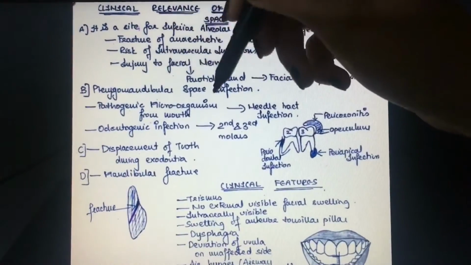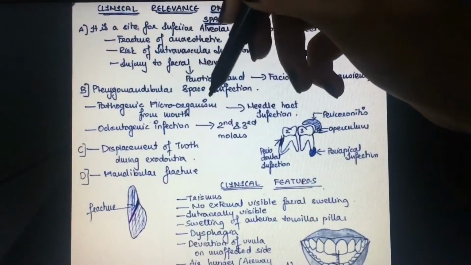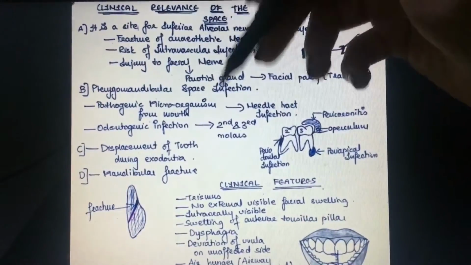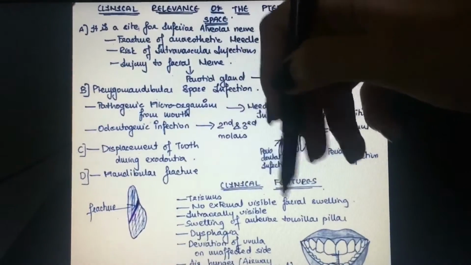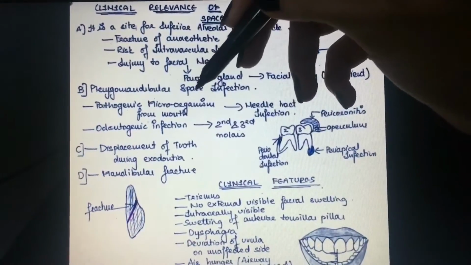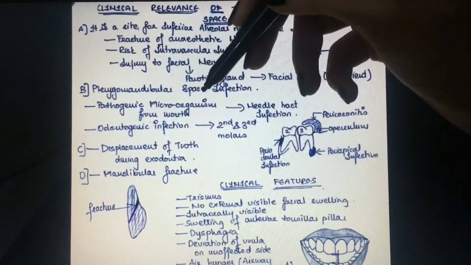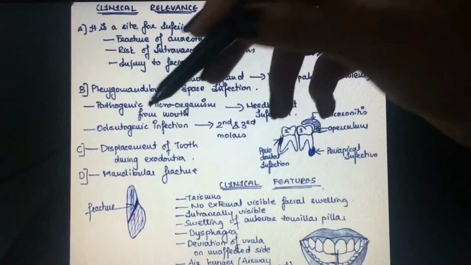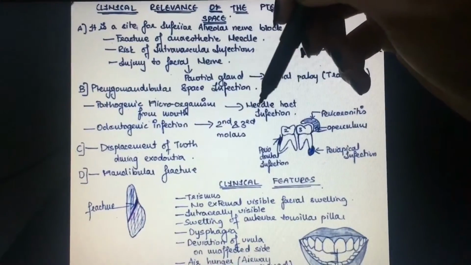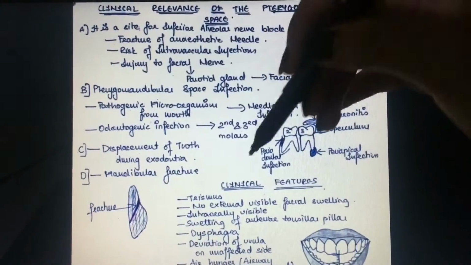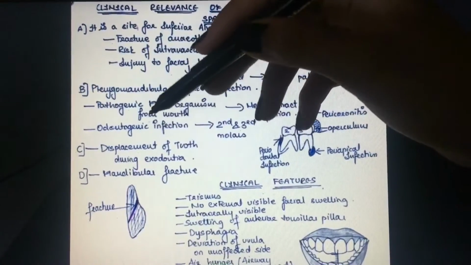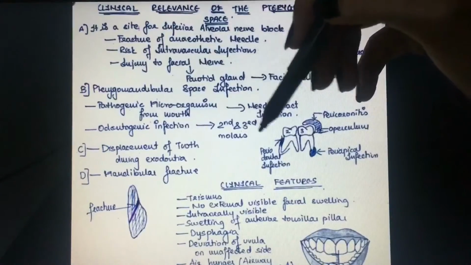Secondly, it can be due to pterygomandibular space infections. Now, I'll be talking in detail about its clinical features and even the management. So, how does a pterygomandibular space infection occur? It can occur from migration of pathogenic microorganisms through needles while injecting, or secondly, it can occur from odontogenic infections from the second and third molar.